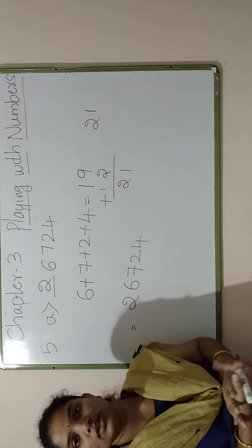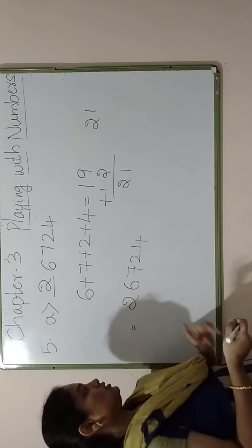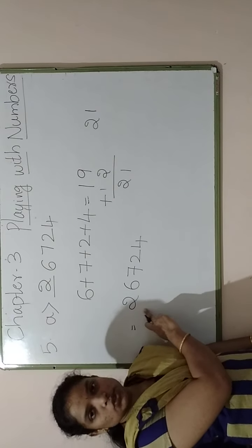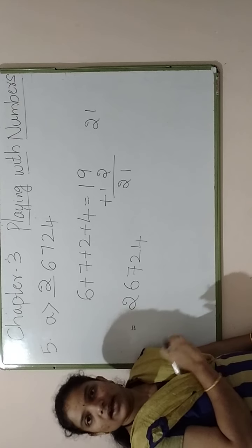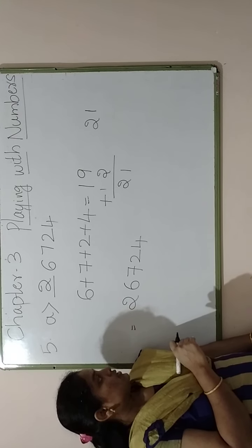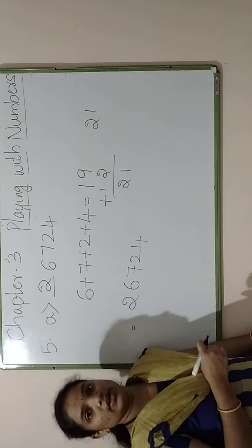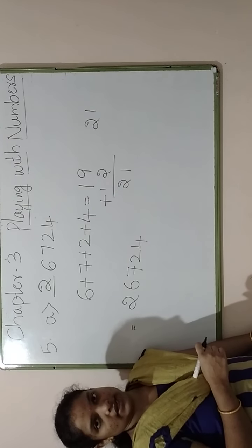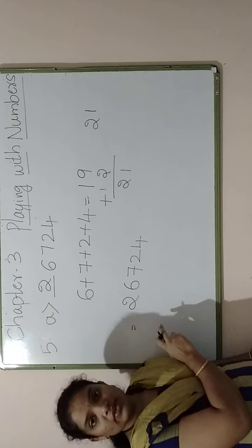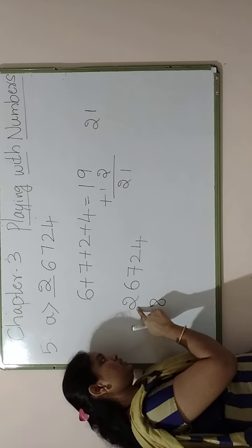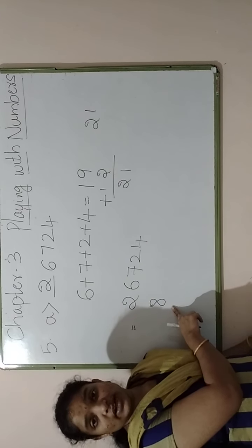Now we want to find the greatest number. Just observe: 2 is an even number and the smallest number we got. The greatest one digit even number is 8, right? 2 is the smallest even number, and 8 is the greatest one digit even number.